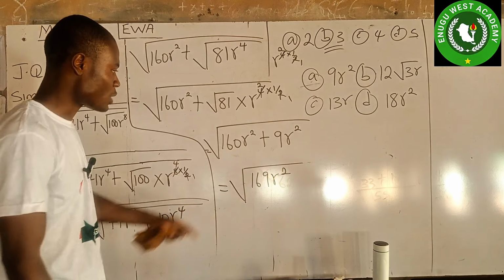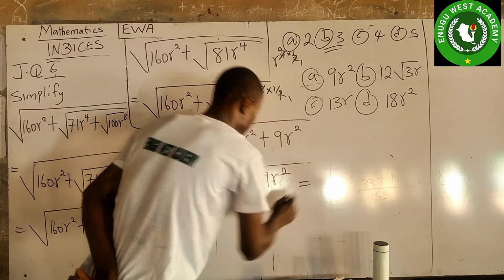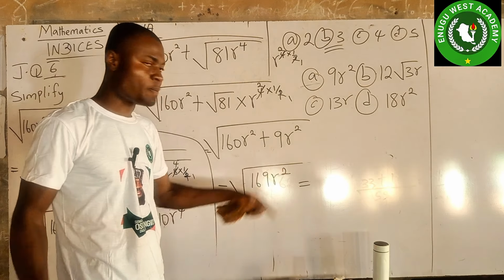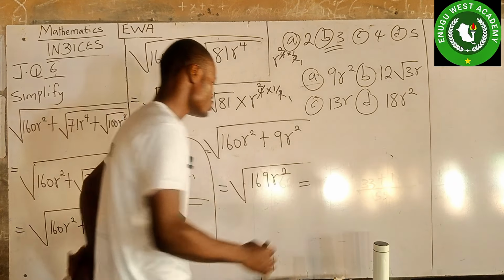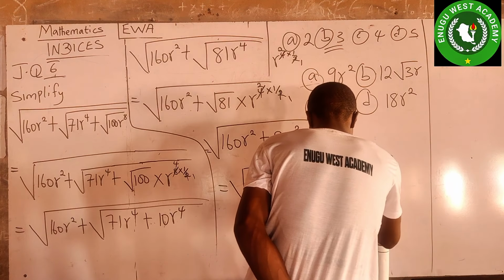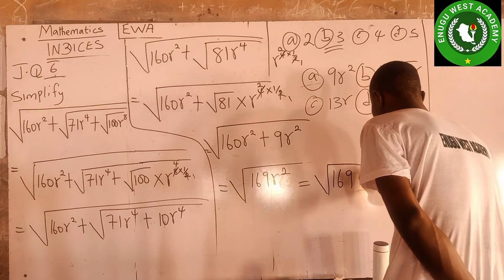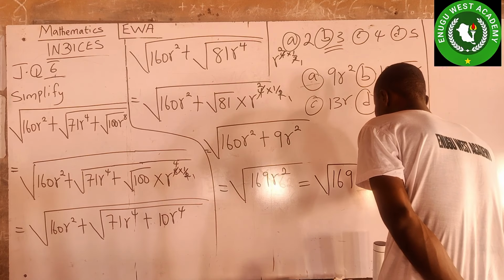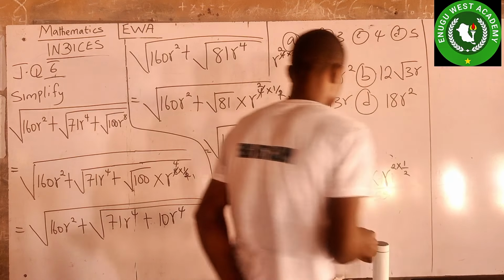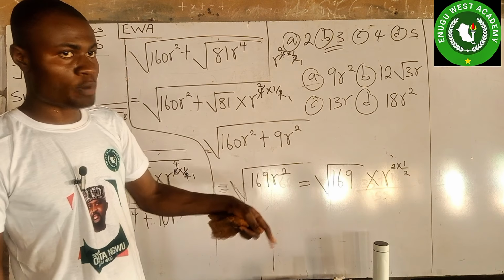So we are going to have, now here, remember what we did again? The square root we go for 169, then the power 1 over 2 we go for r. So we are going to have square root 169 times r square raised to power 1 over 2.